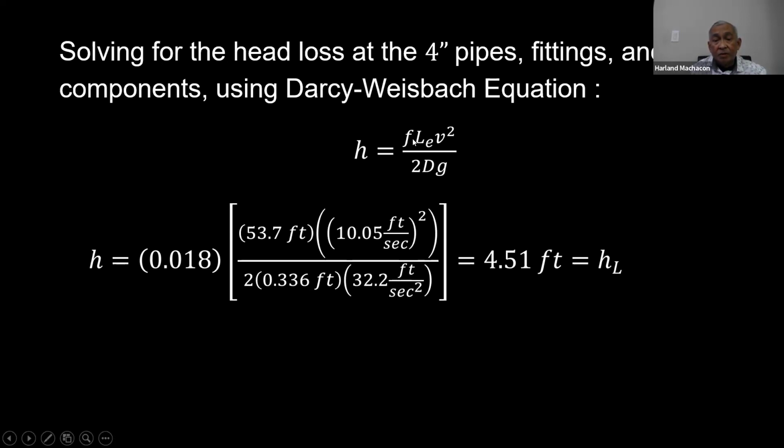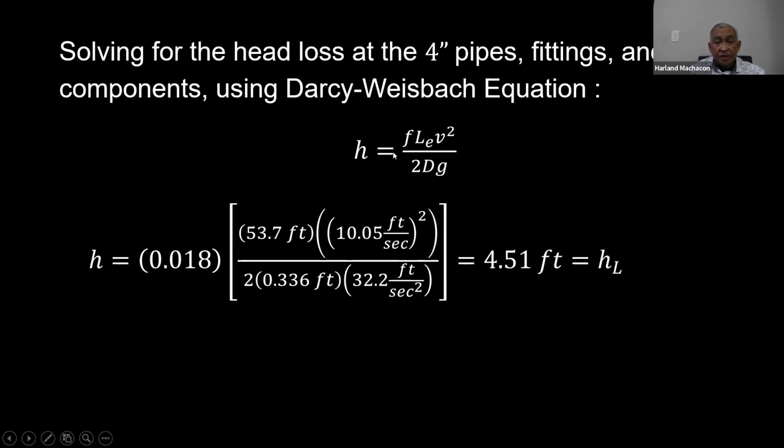Head loss is equal to the Moody friction factor, L sub E, which is equivalent length, and V squared is the velocity squared, all over 2 times the inside diameter of the 4-inch pipe and the acceleration due to gravity.